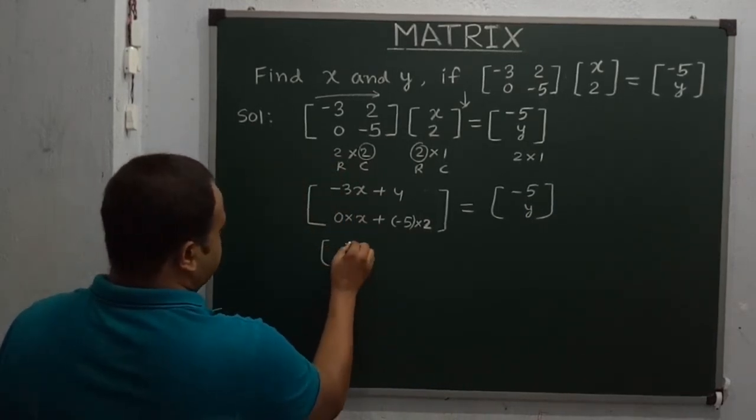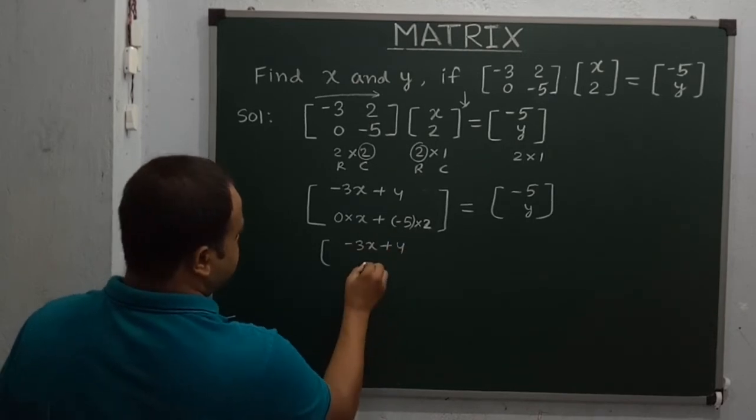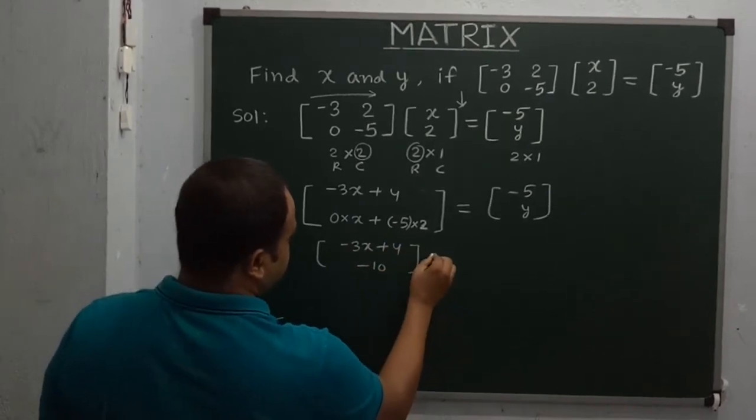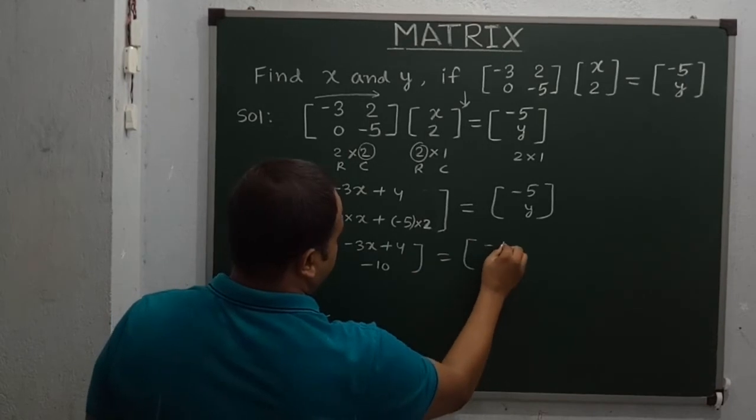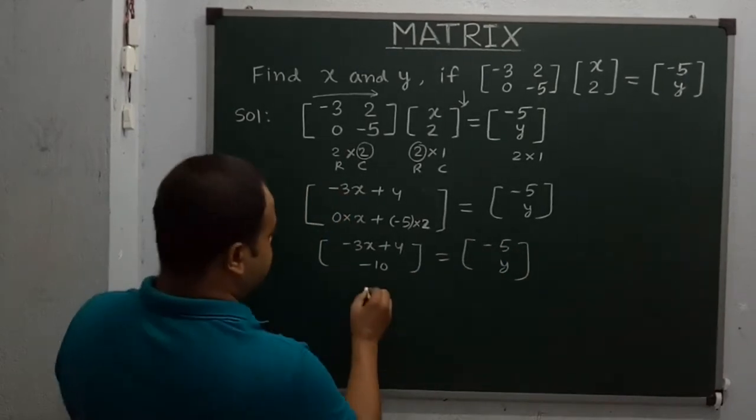We are left with then minus 3x plus 4, and this part is minus 10 equals to minus 5y. Now both side order of the matrix is 2 into 1.